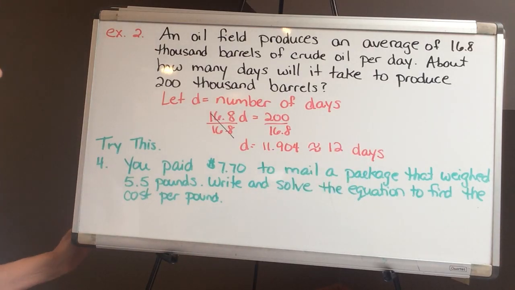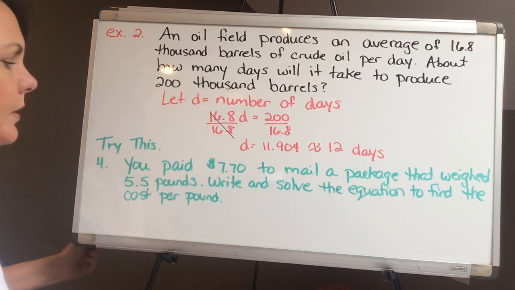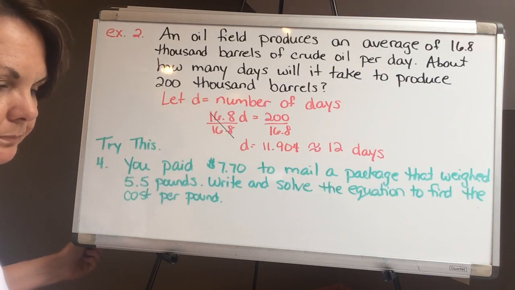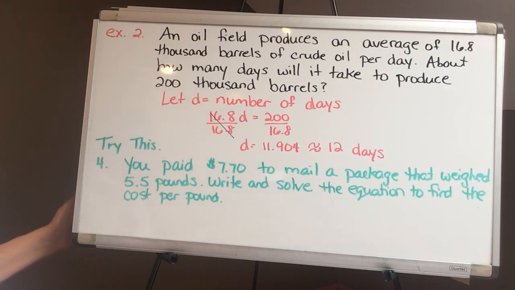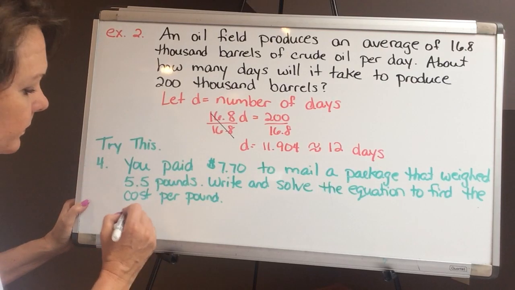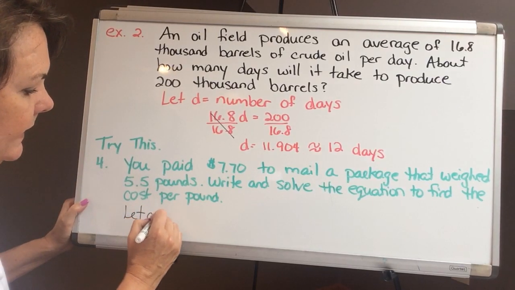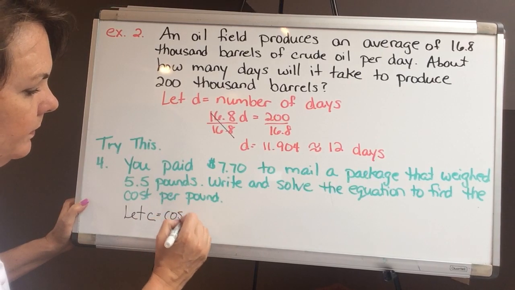Try another one. You paid $7.70 to mail a package that weighed 5.5 pounds. Write and solve an equation to find the cost per pound. So let C equal cost per pound.